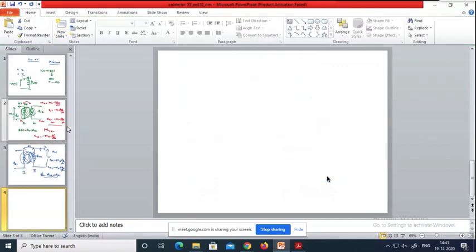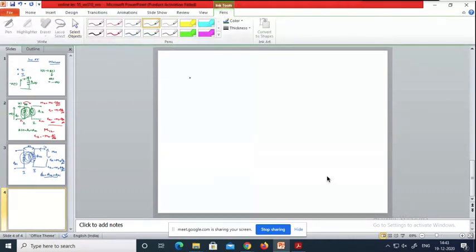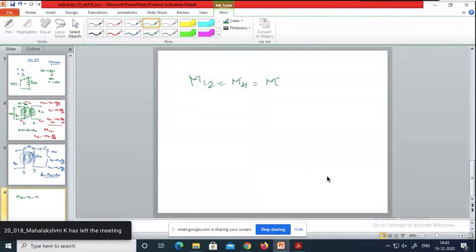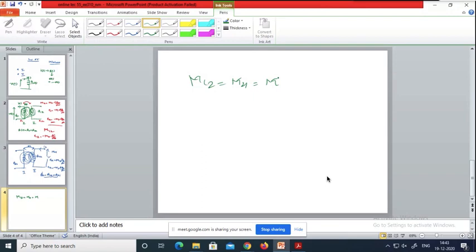Where M12 is equal to M21 is equal to M, that's a constant value. The coupling between the two coils is bilateral. That means it exhibits the same characteristics in both directions.